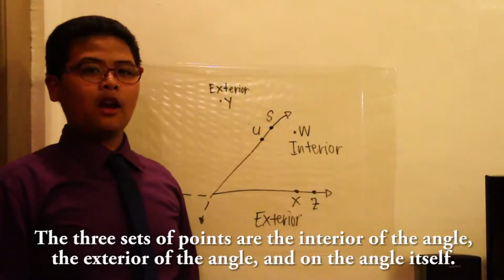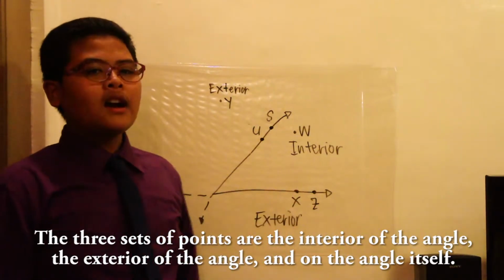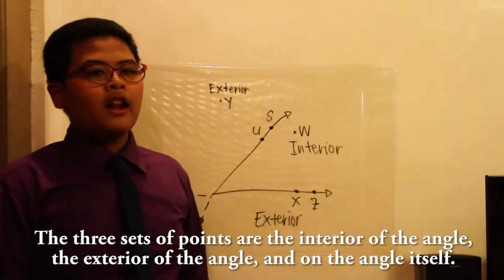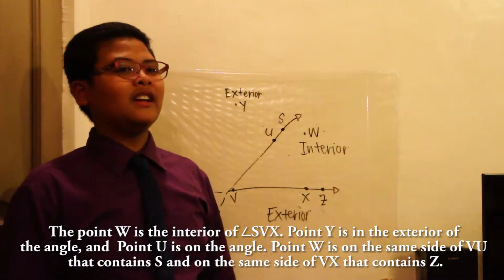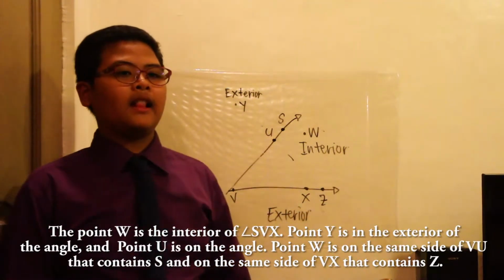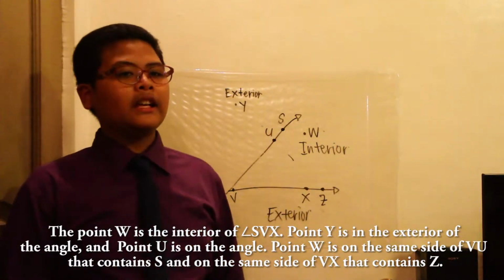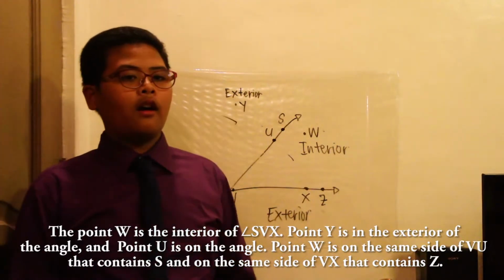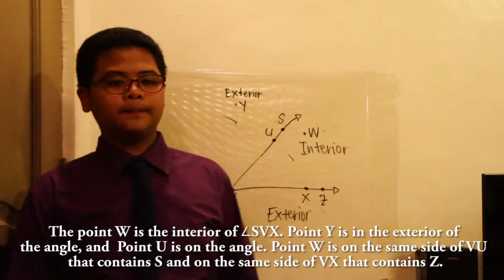The three sets of points are the interior of the angle, the exterior of the angle, and on the angle itself. The point W is the interior of angle XVZ. Point Y is in the exterior of the angle, and point U is on the angle.